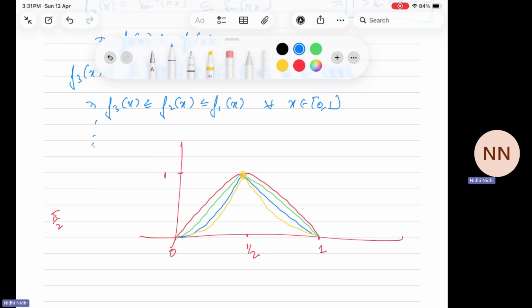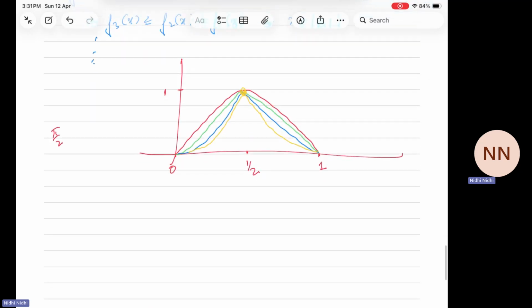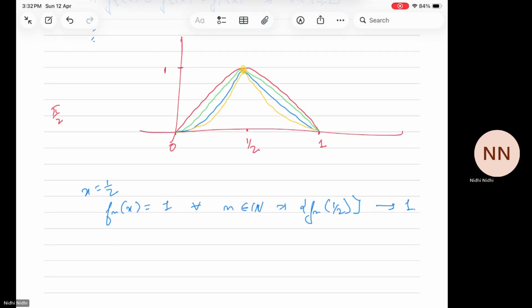So, can you expect what will be the pointwise limit of this sequence? Clearly, at x equals 1 by 2, fn(x) is equal to 1 for every n in N. That means the sequence fn(1 by 2) will converge to 1. For the rest of the x, you can observe that we are going towards 0.